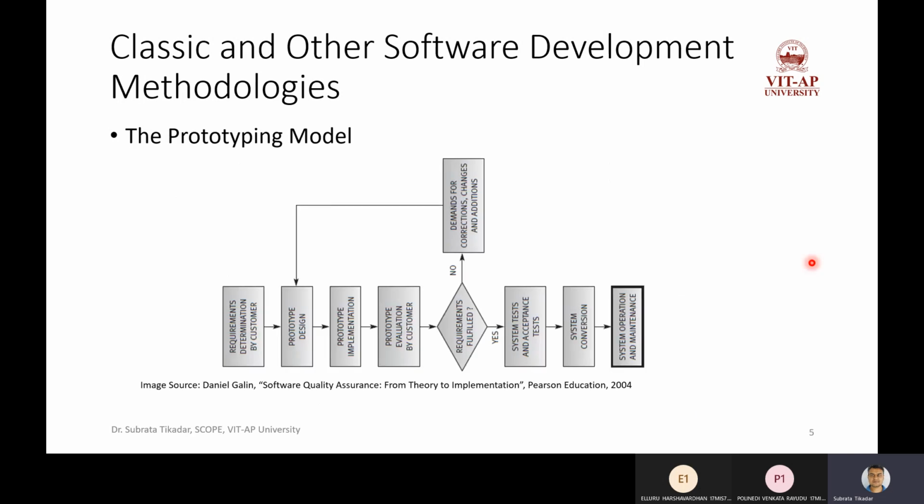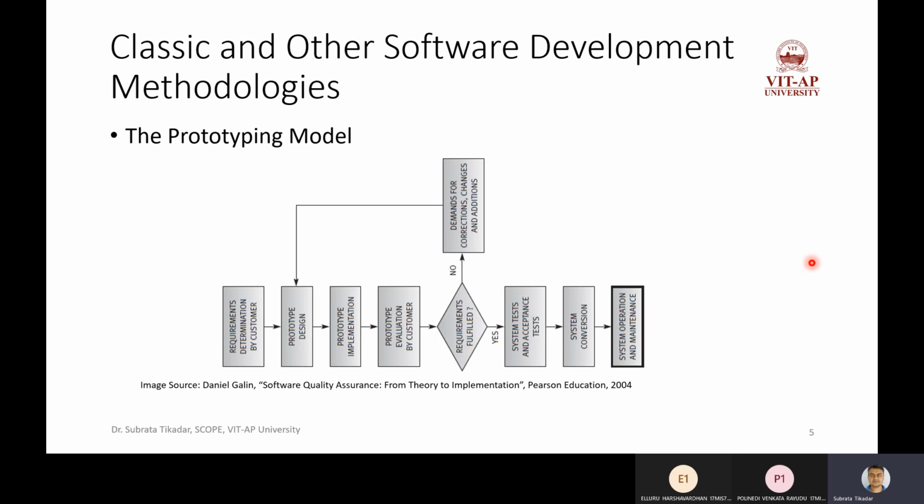Then we have also learned the prototyping model in an earlier course like software engineering. One thing here can be noted that these models are not alternatives to each other. Sometimes you have to use the concept of the waterfall model within this prototype model itself or within the spiral model itself.